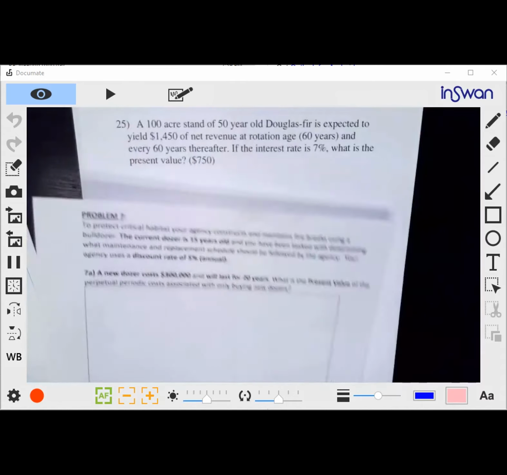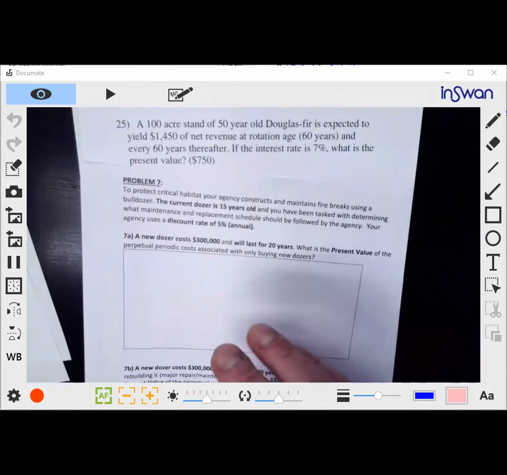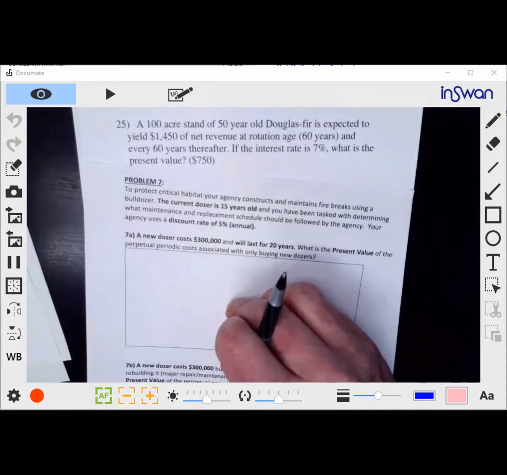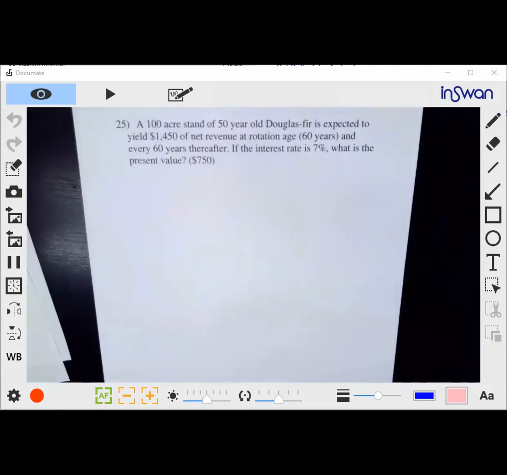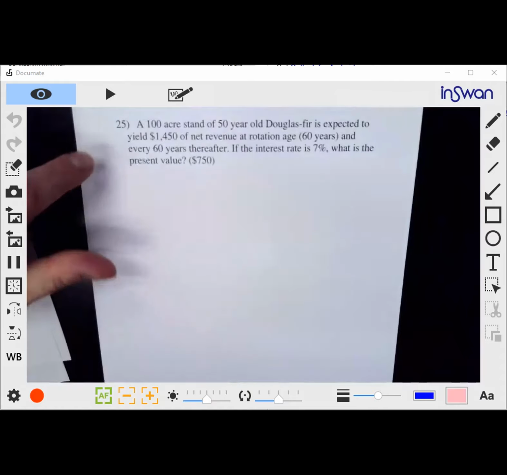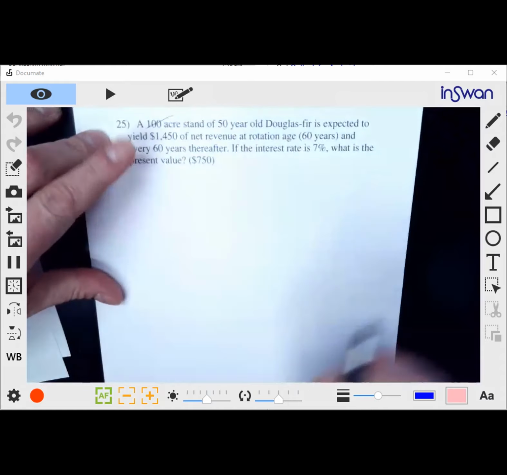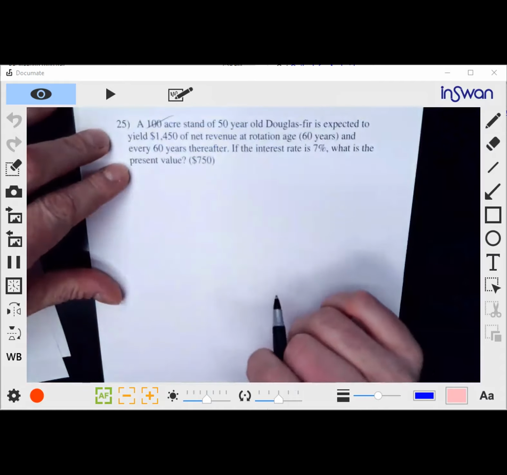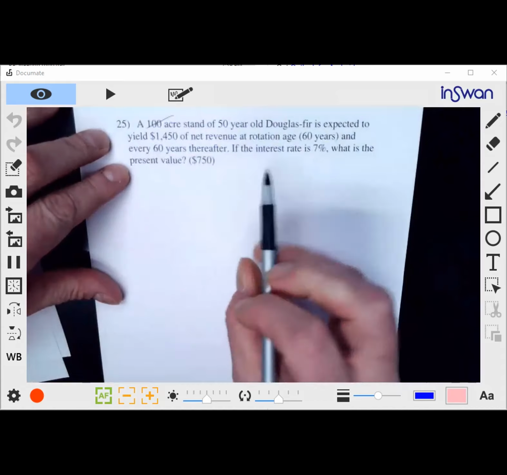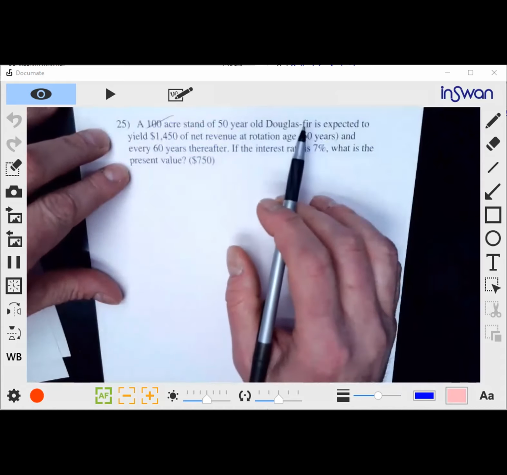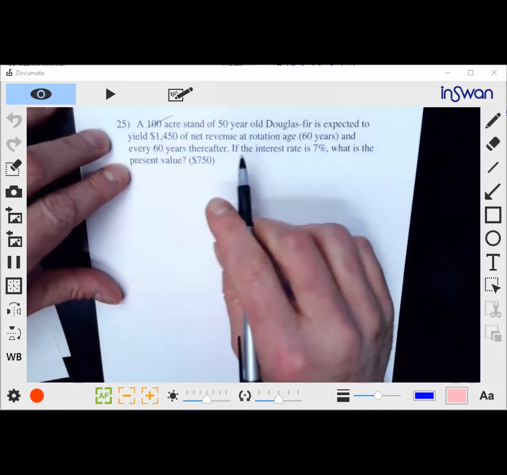And as you know, we're not going to give you the answers to this homework before you do it. But I can put it within the context of stuff that we've done before, because the concepts are the same. So this one was, and let's ignore the 100 acres so that the 75 comes out, let's just do it on a per acre basis. We have a 50-year-old stand of Douglas-fir, just like maybe you had a 15-year-old bulldozer.